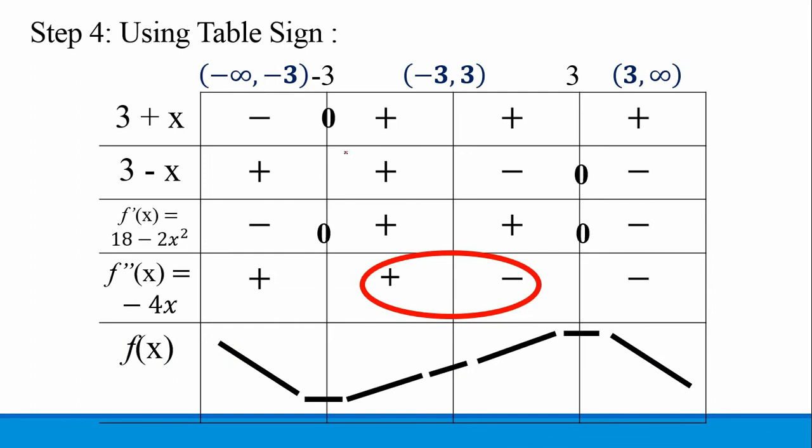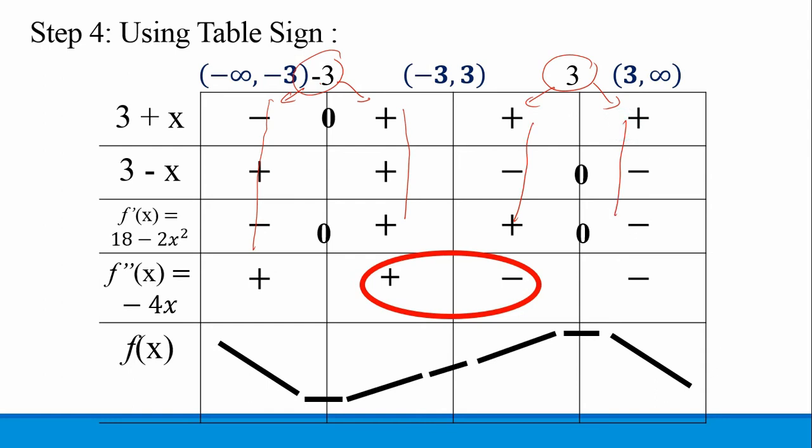Okay, step 4, you want to create the table of sign. I put negative 3 and 3, and make sure you have one column at the front and one column at the back of negative 3, and for 3, one column at the front and one column at the back.